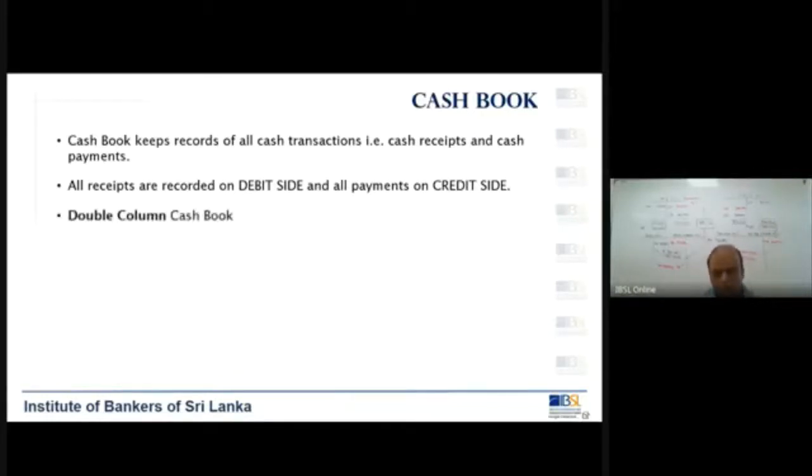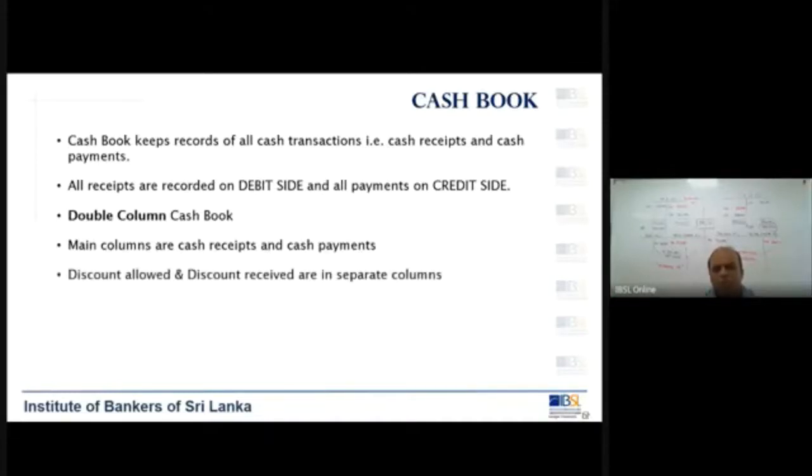So in the cash books also, we have something called double column cash book and single column cash book. So there are instances where you use certain number of columns to represent the cash book. Okay, so that is one aspect, the double column cash book. What are the main columns in the cash book is cash receipts and cash payments. I will explain this in a diagram.